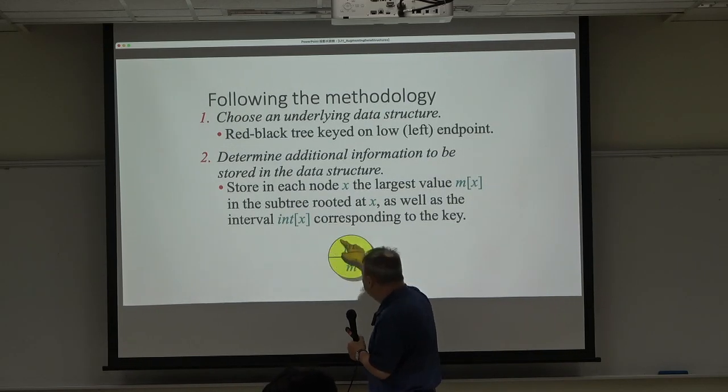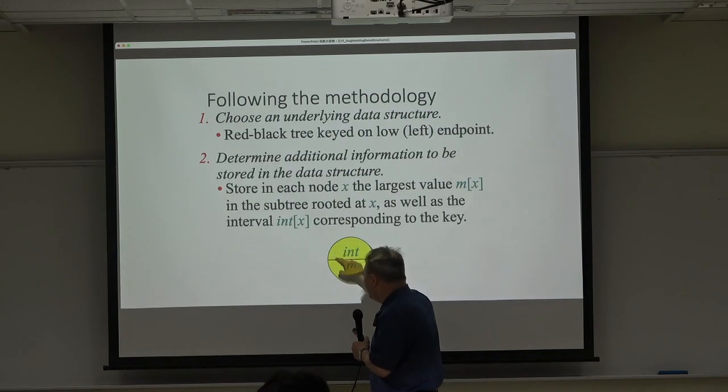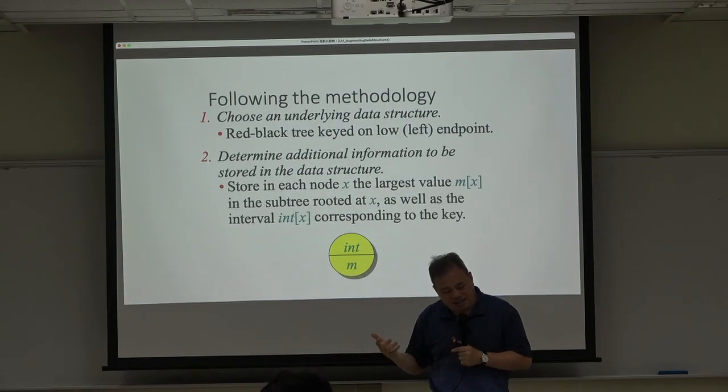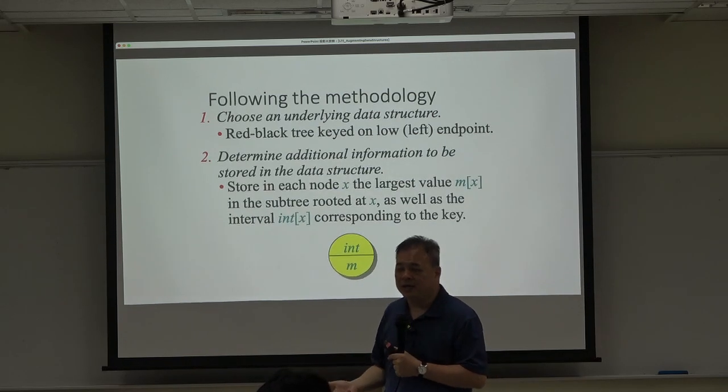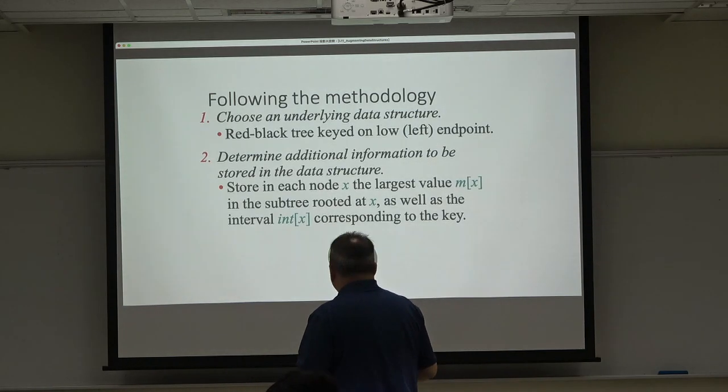In the int, it means interval. So we store two numbers to indicate the interval, but for the key, we only use the left endpoint, or what we call low. And then we have additional information that we need to store in the data structure. So what do we store? We store in each node x the largest value m of x in the subtree rooted at x.